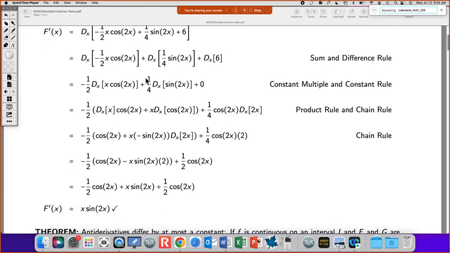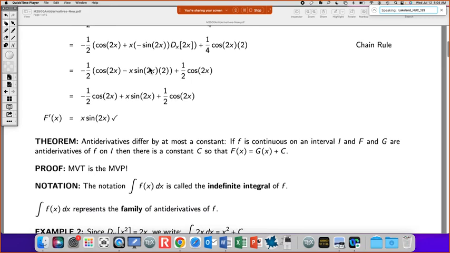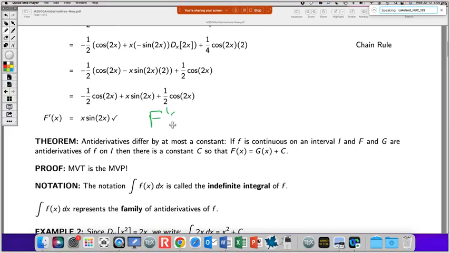So those kind of strategies that you've been using, hopefully now without even thinking about it, because you've taken so many derivatives now, are going to come into play when you go to calculate antiderivatives. And sure enough, if you go through and simplify, you find that capital F prime of x is equal to little f of x, which shows it's an antiderivative.